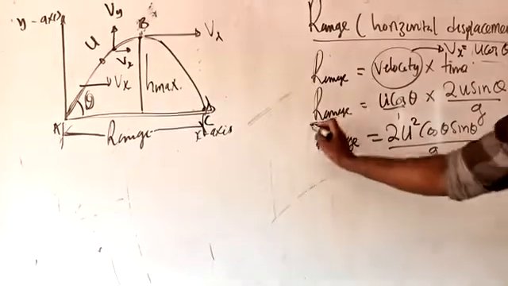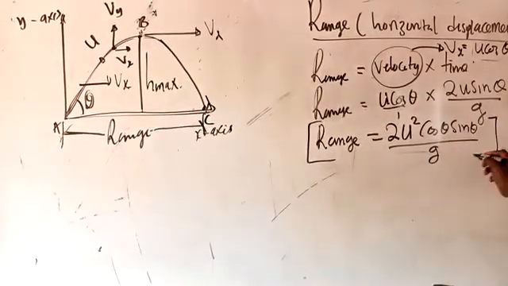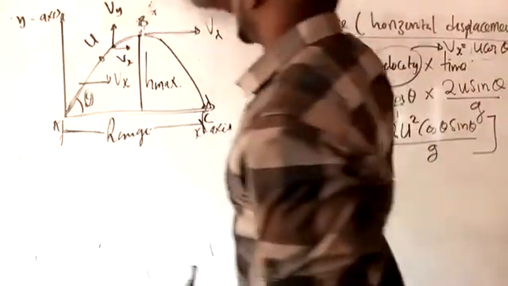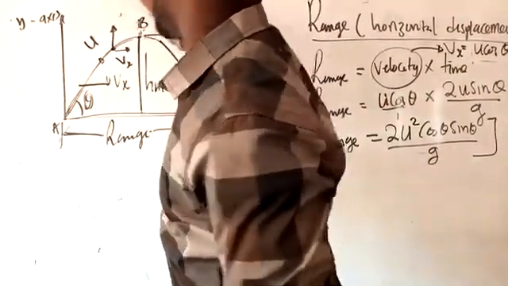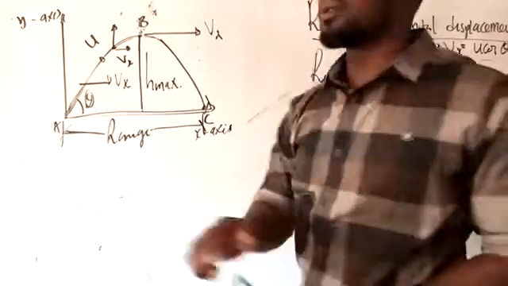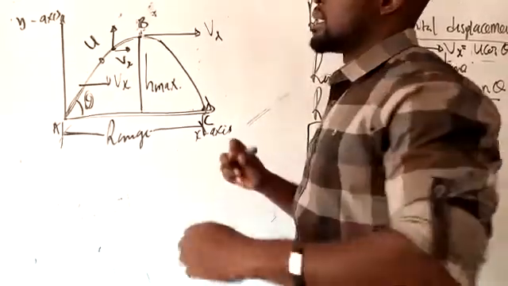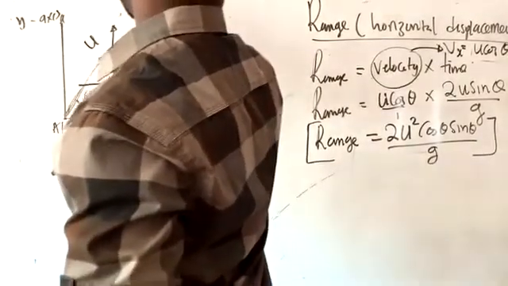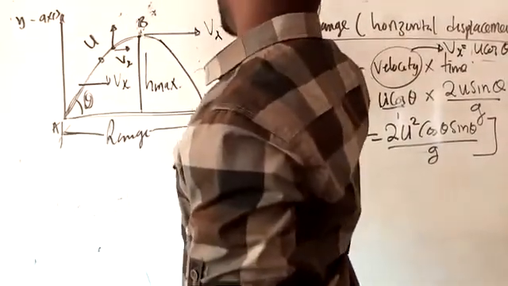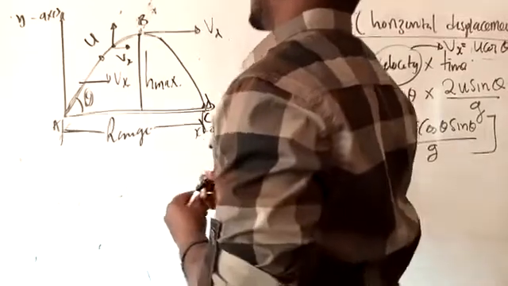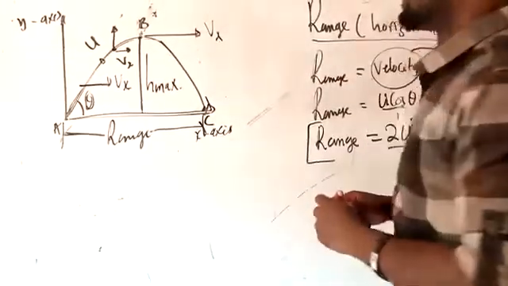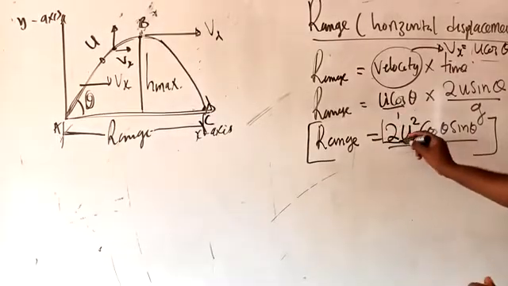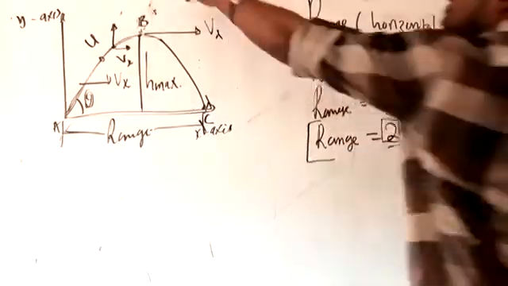This is the range. You can use this equation, but you can also use this other equation. According to the identities in trigonometry, sine 2 theta is equal to 2 cos theta sine theta. So you can see from there that the 2 is there, which is this 2.